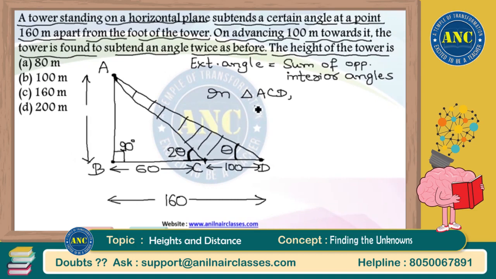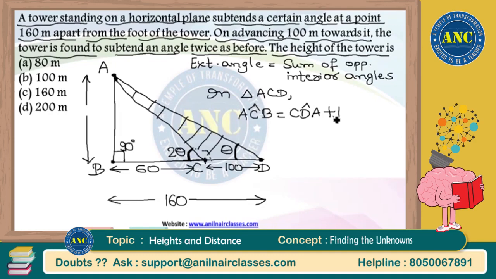Let me name that initially for your better understanding. The 2 theta is ACB. The exterior angle is angle ACB, the sum of the opposite interior angles. That means ignore this angle C, and add the other 2 angles. CDA is one of the angles, plus the other angle is DAC.